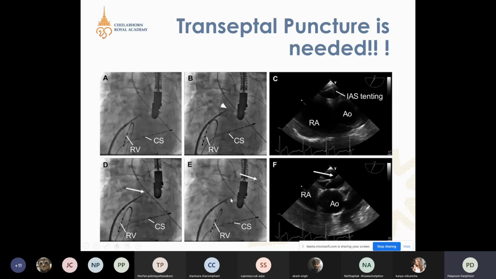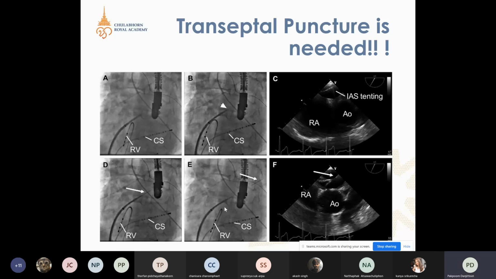After confirming that the catheter is within the left atrium, the doctor will insert the 0.032 inch guide wire into the left atrium, and then remove the dilator and leave only the sheath inside the heart.